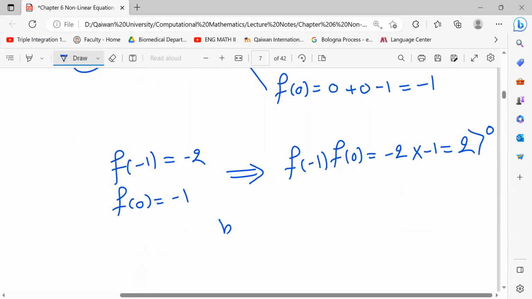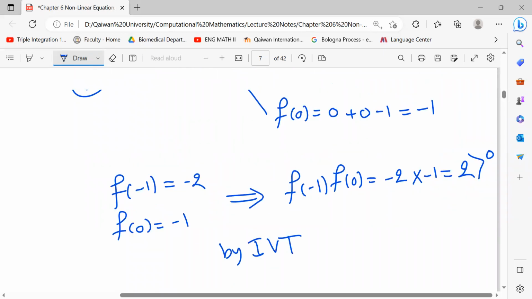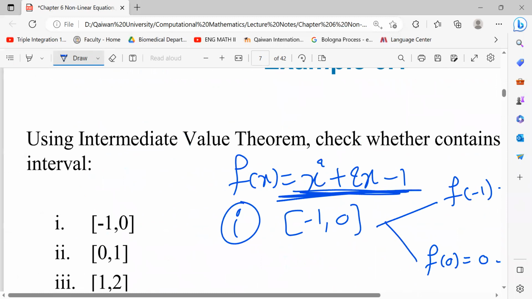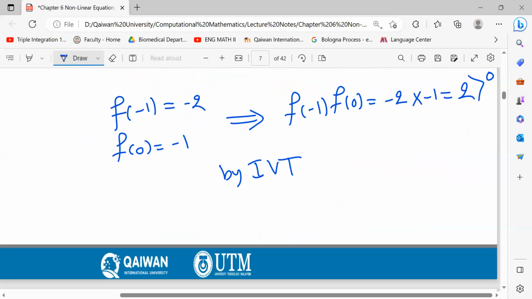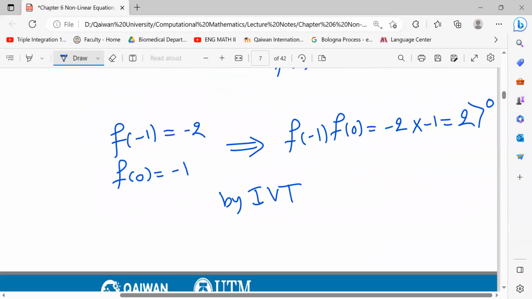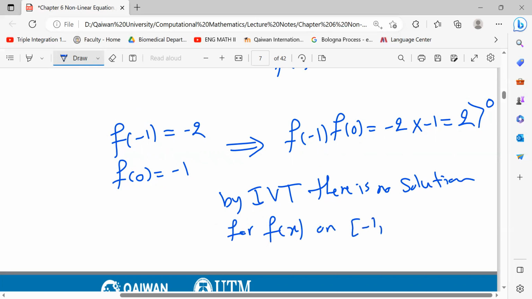We say by IVT, which means intermediate value theorem, there is no solution for f of x on -1 and 0. We say there is no solution on the interval.